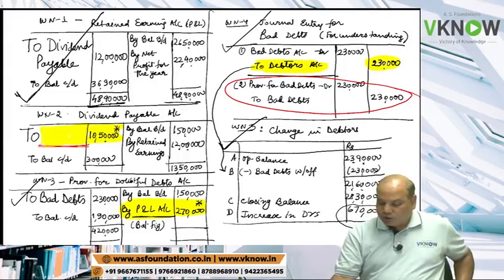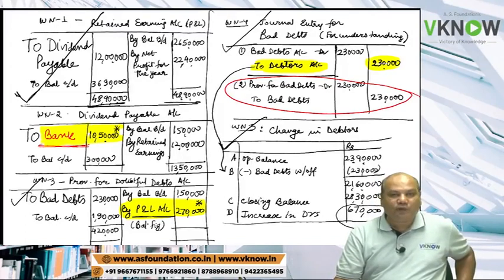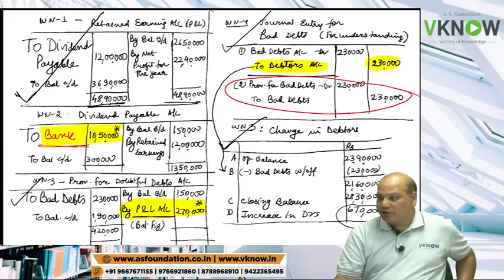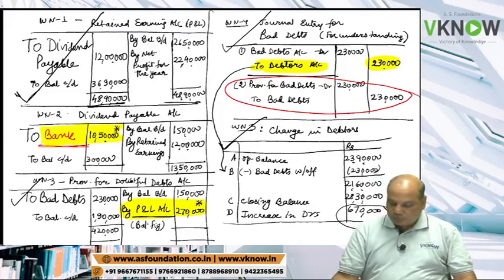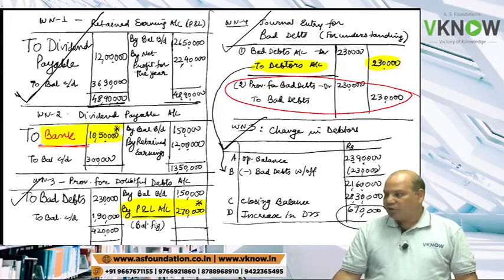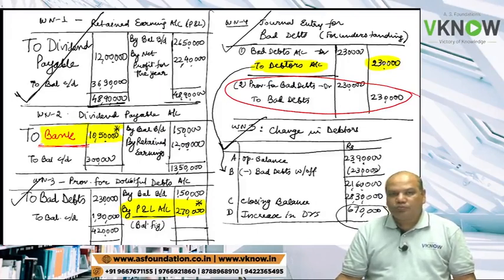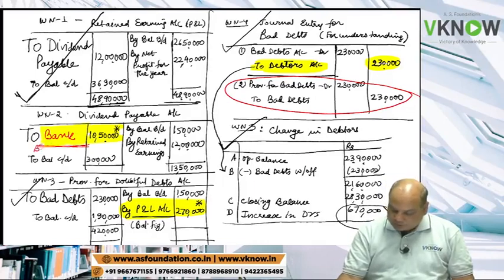Should I write bank account or profit and loss account? Dividend on the debit side is having some difference. Where will that difference be transferred to? That difference will be transferred to bank account, the balancing figure.